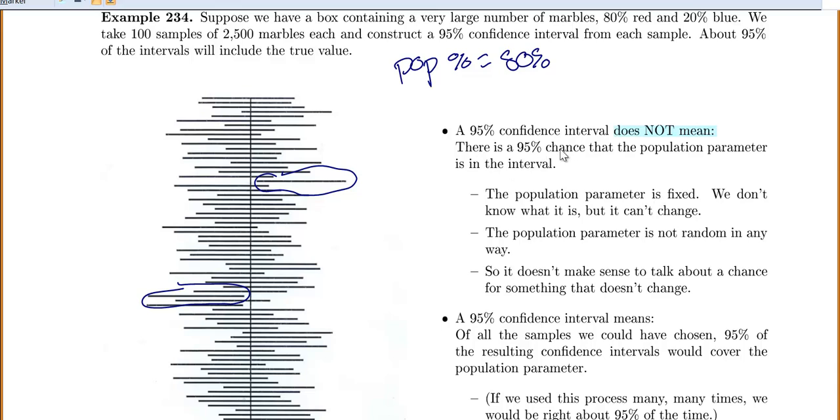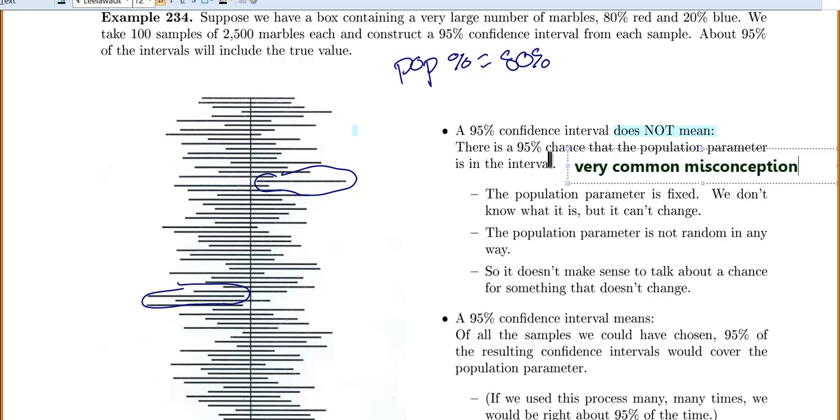So they want to say there's a 95% chance that my population percentage is within the interval that I find. You cannot say that. So this first one is very common misconception. Do not use this misconception.